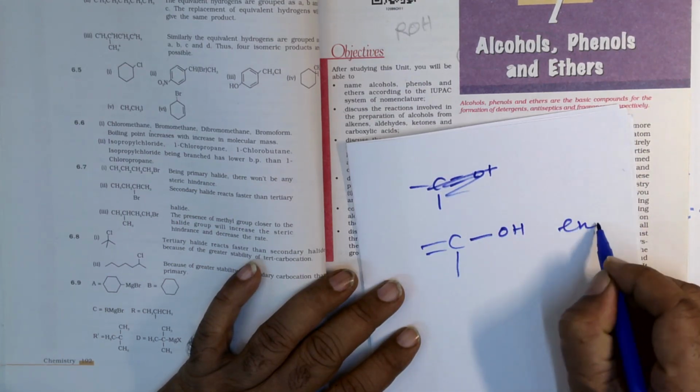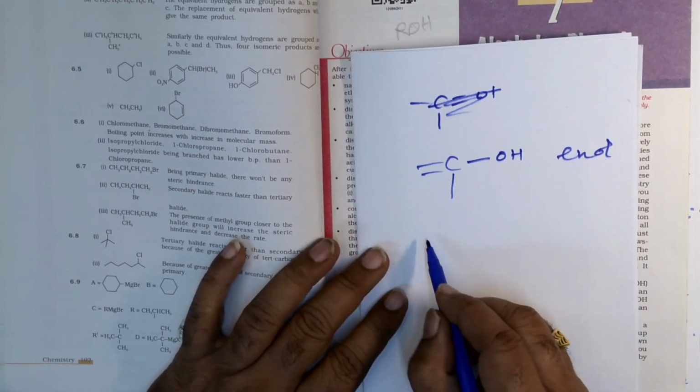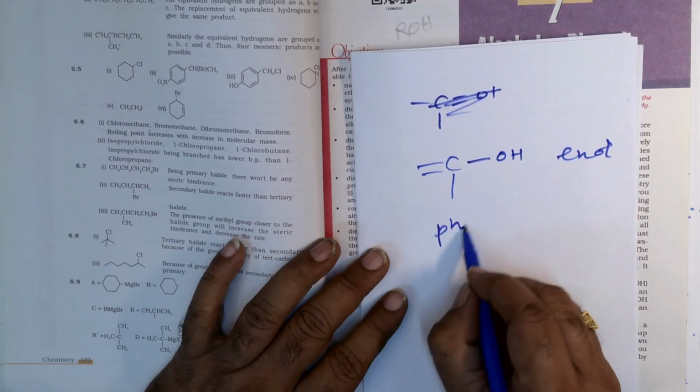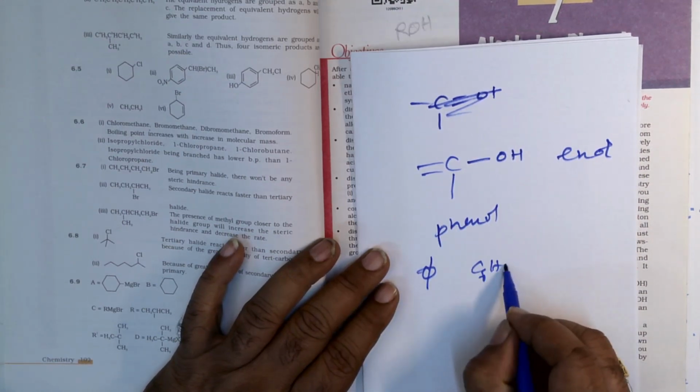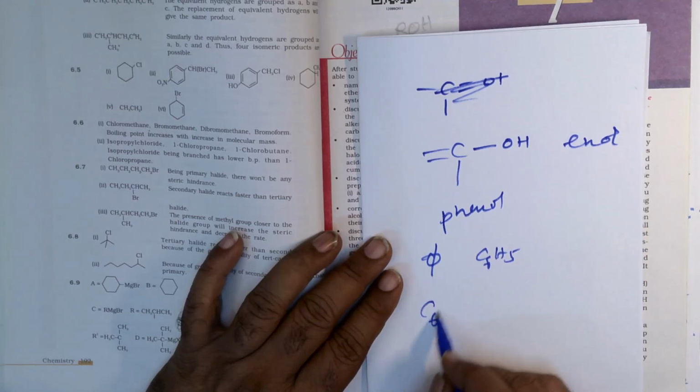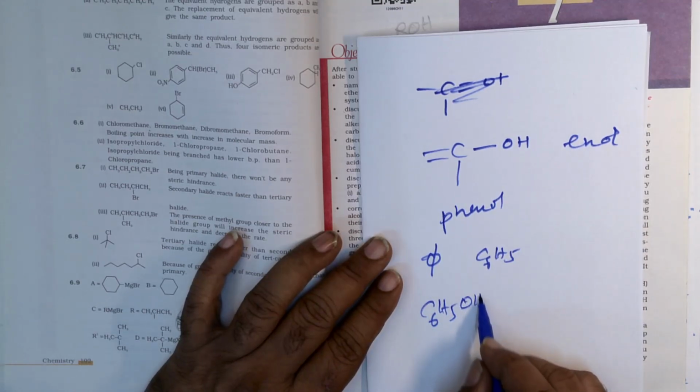This is called enol. So when it is a phenyl enol, it becomes a phenol. The phenyl group is C6H5. For example, when I put C6H5, it is called a phenyl enol, that is phenol.